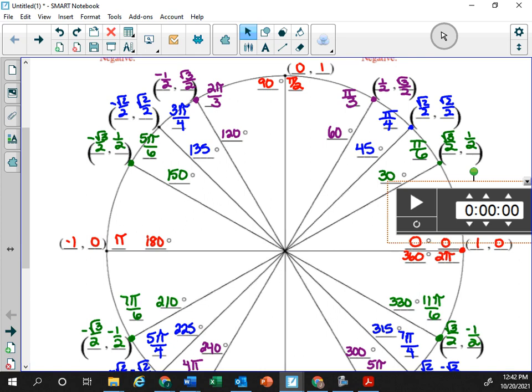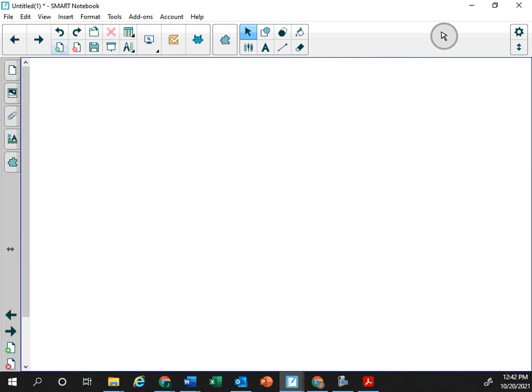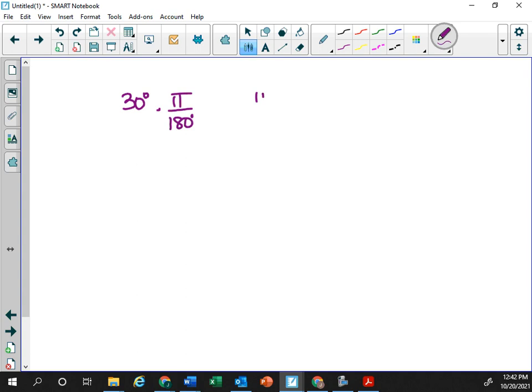Like how I got the first quadrant ones? So 30 degrees, in my head I'm doing a quick conversion, because I know 3 goes into 18 6 times, so I know that's pi over 6. Like 60 degrees, I know 6 goes into 18 3 times, so that one's pi over 3.